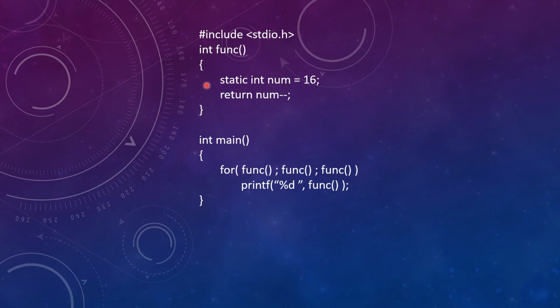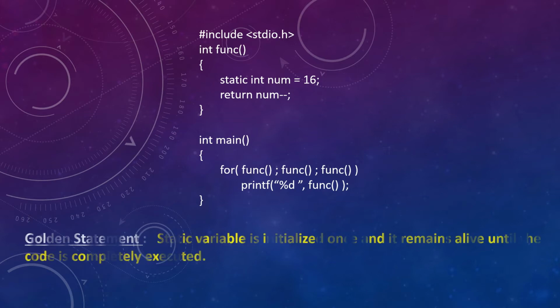So we have to understand the golden statement here before moving on with this question. Okay, so this is the golden statement for this question. A static variable is initialized once and it remains alive until the code is completely executed. With normal variables, whenever the function is fully executed, whatever variables were declared will all get destroyed.